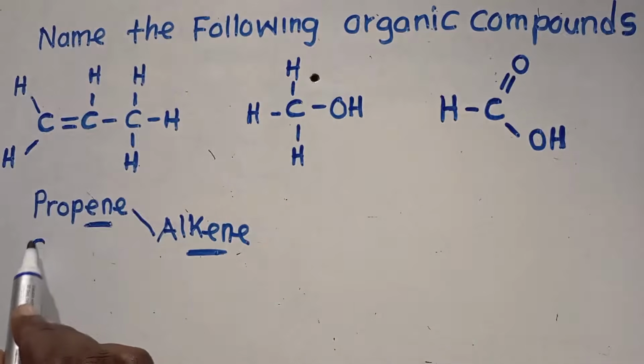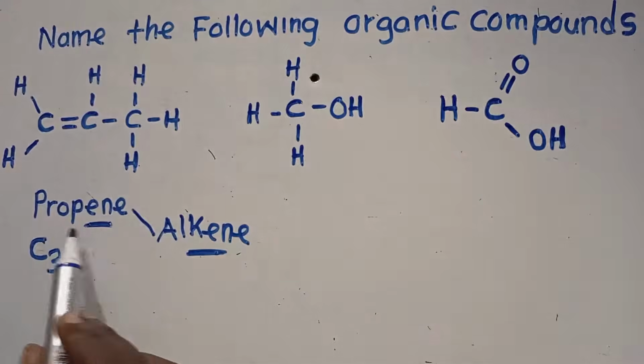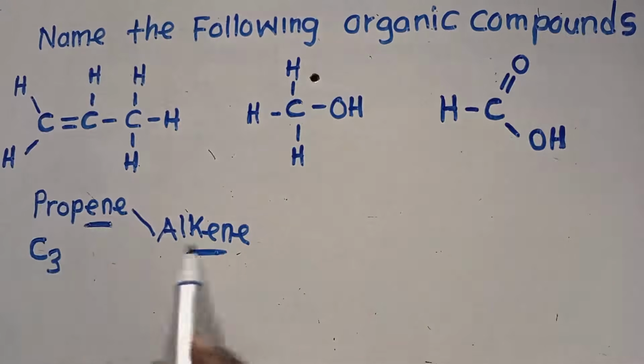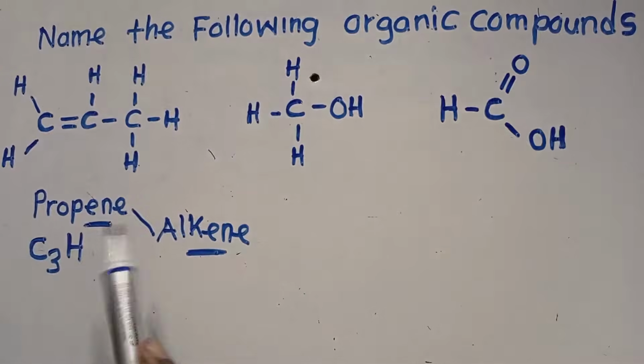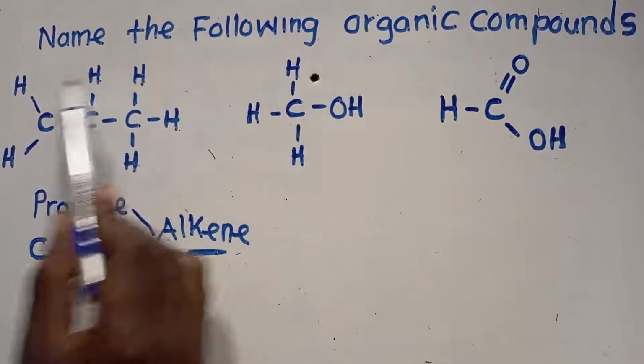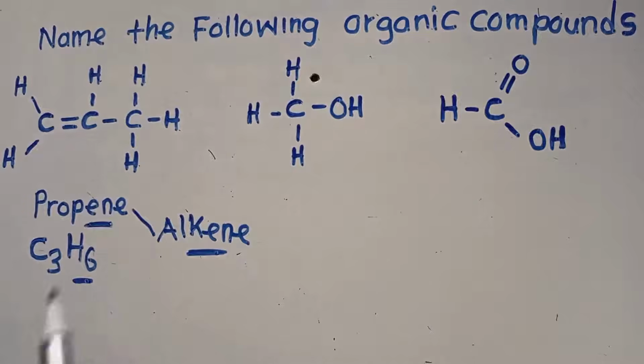So whenever you've got 3 carbons like this, just know that the name should start with prop under alkenes. And how many atoms of hydrogen? You count 1, 2, 3, 4, 5, 6. We have 6 hydrogens. So this is the chemical formula that you are supposed to understand.